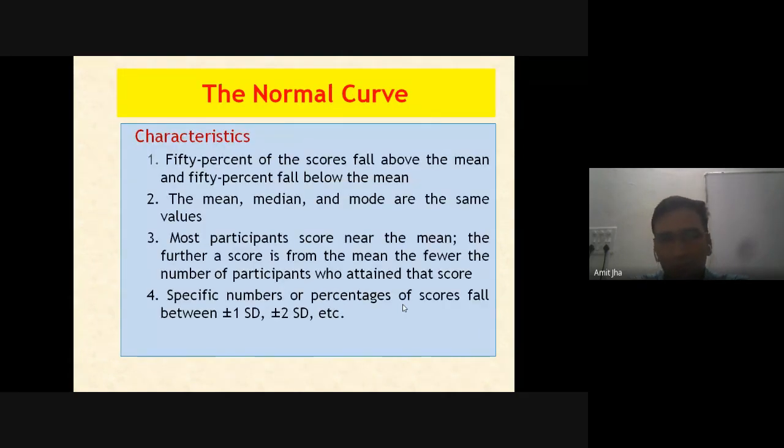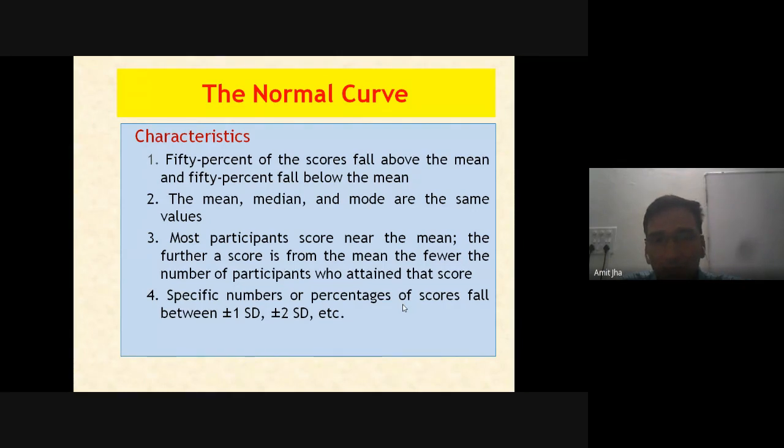Now coming to the normal curve. As we have discussed, a normal curve means a symmetric curve. So it must have some characteristics based on which we can say this is a normal curve. So 50% of the scores fall above the mean and 50% fall below the mean. Then only it will be bell-shaped or symmetrical.